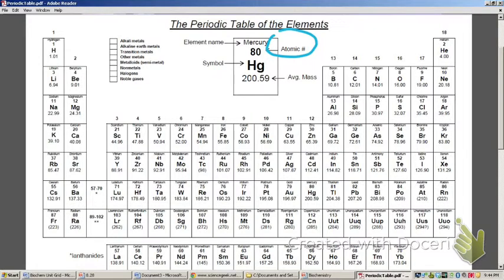So the atomic number tells us how many protons and how many electrons there are. Now, if you were to take the mass of that element and subtract the atomic number of 80, that would give you the number of neutrons. So right around 200 minus 80, you're going to get about 120 neutrons. But we're going to focus on those electrons and those protons.